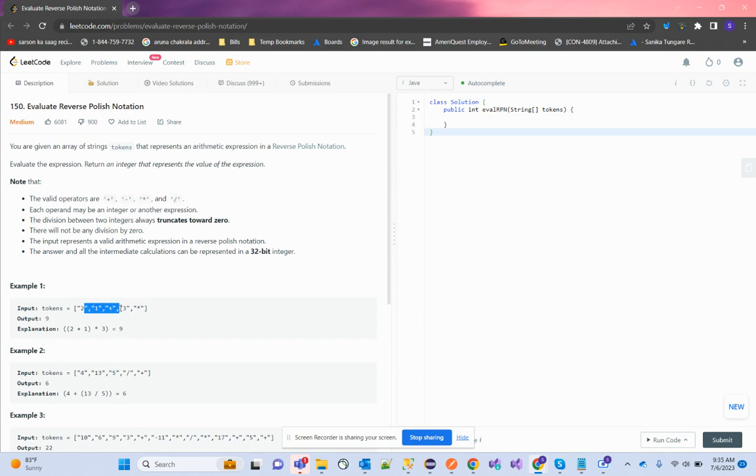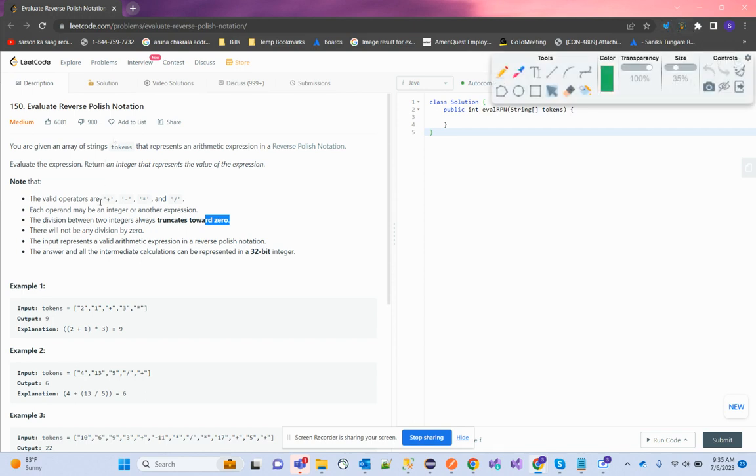If you divide 1 by 3, the division truncates towards 0, so it won't be 0 point something. There will also be no division by 0. And we have to do all this operation.